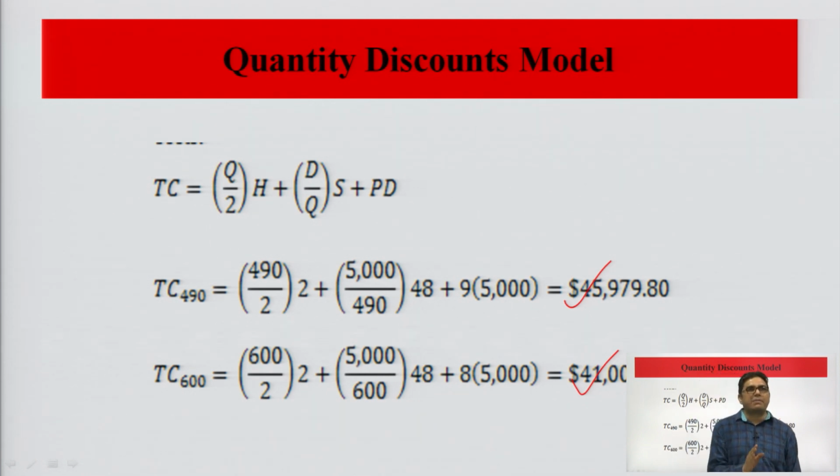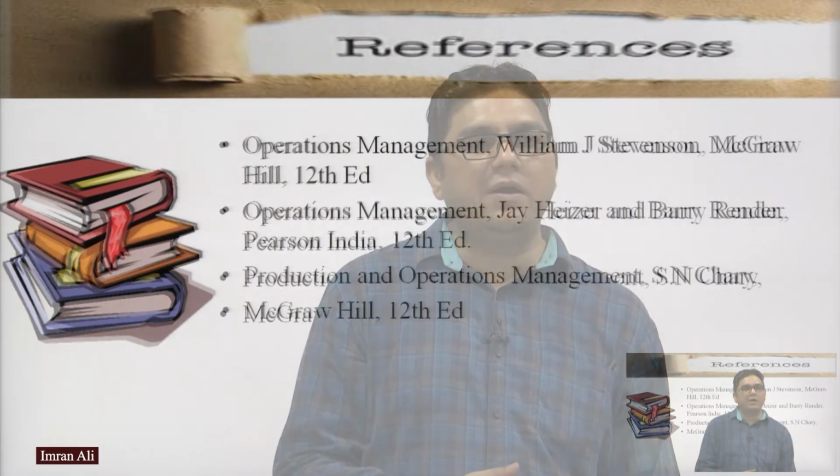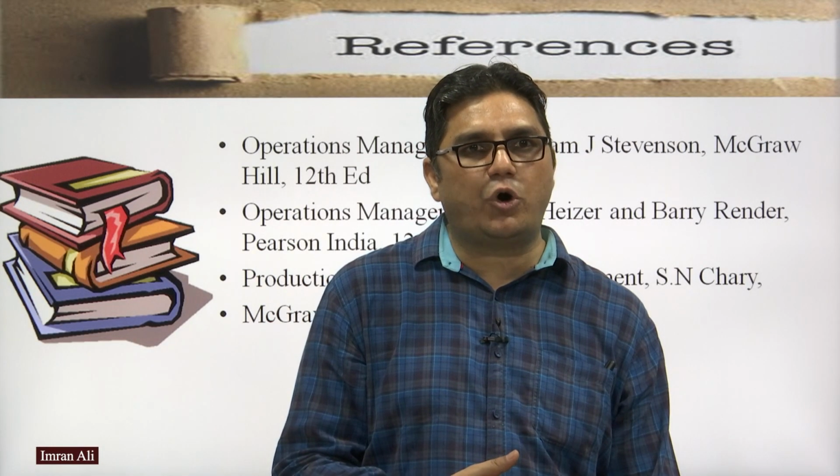And third, the quantity discount model, where, out of various available alternatives, we identify which one has the least cost, as we have seen in the earlier option and these options too. So this was all about the inventory models and the cost of the different options available to the customer. Thank you so much.